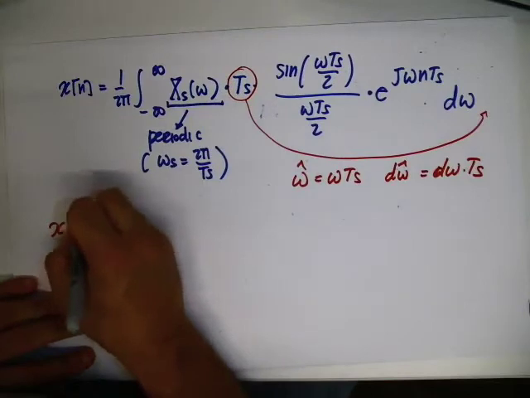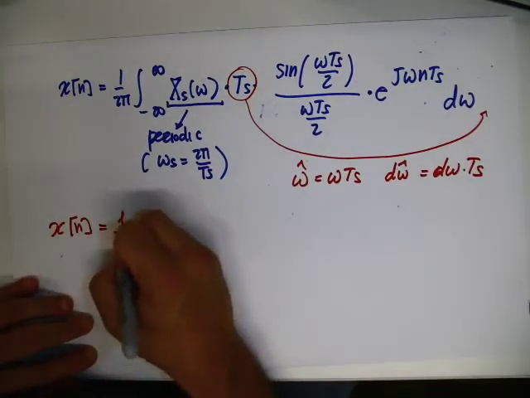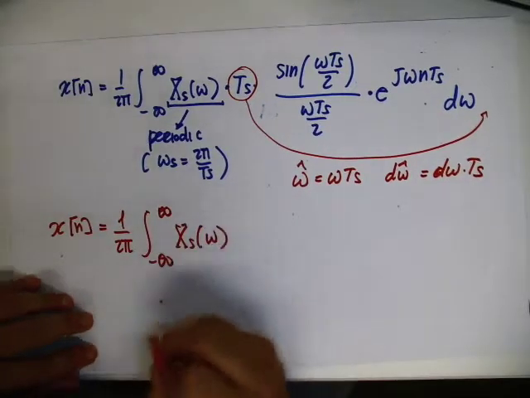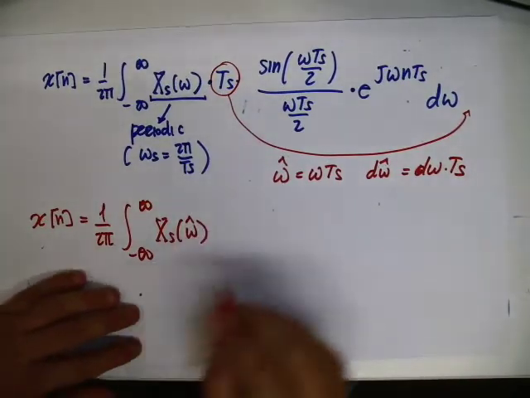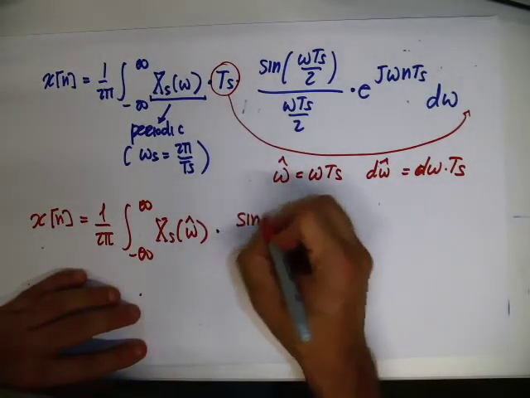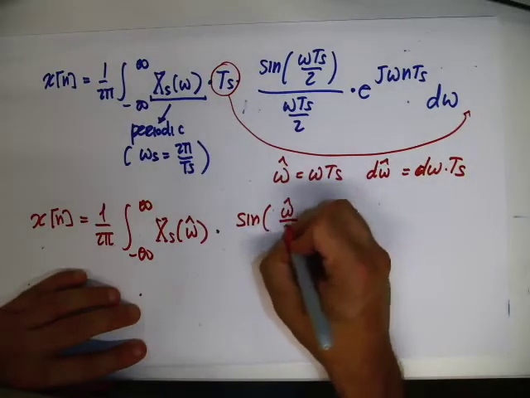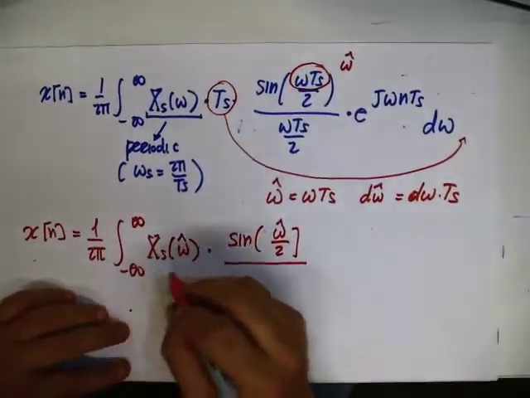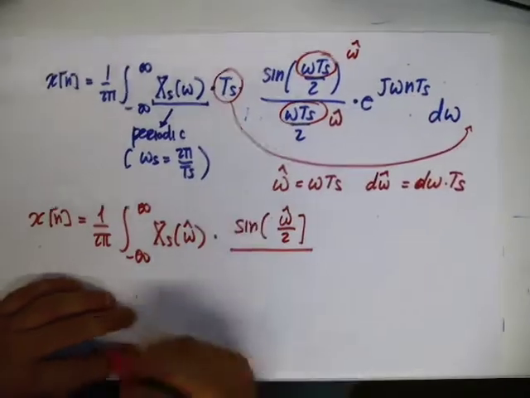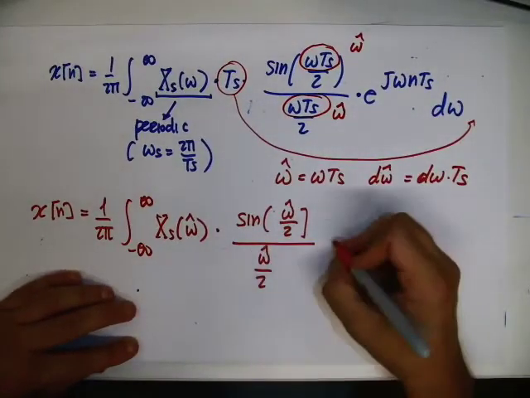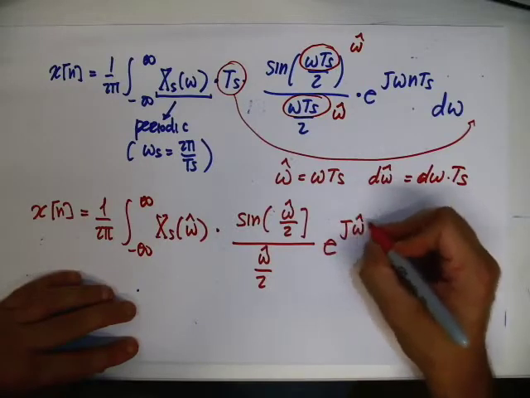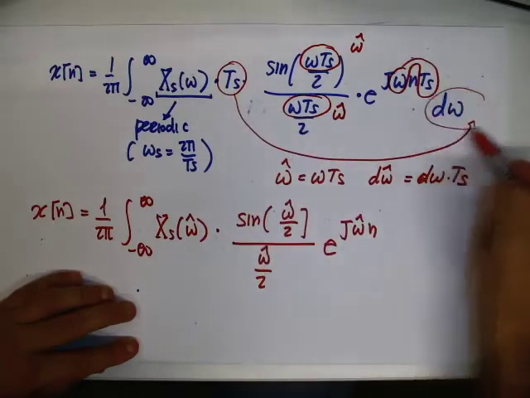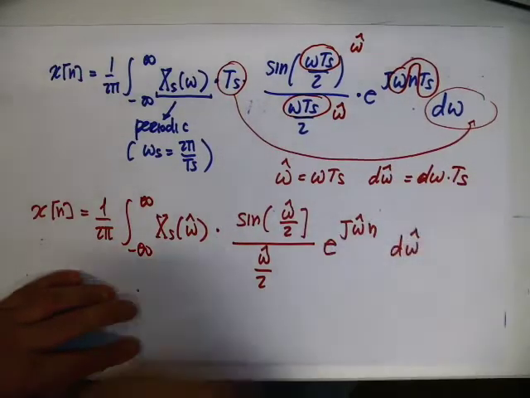So you can see I can rewrite this integral as 1 over 2 pi, integral from minus infinity to infinity of xs of omega, now a function of omega hat, times sine of omega hat divided by 2, divided by omega hat divided by 2, e to the j omega hat n. And then these two things together give me basically d omega hat.